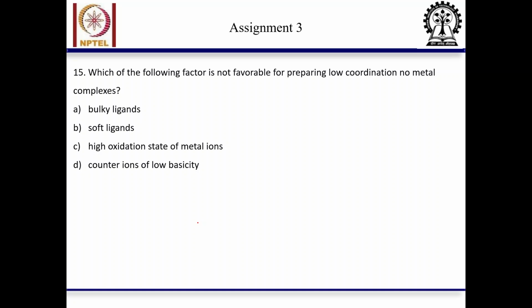Because you have more bulky ligands, you have less space to accommodate more ligands, which leads to the lower coordination number. But the question is which of the following factors is not favorable for preparing low coordination number metal complexes.